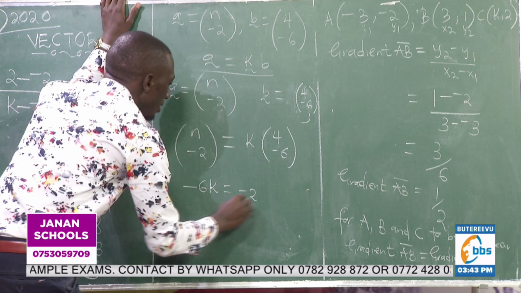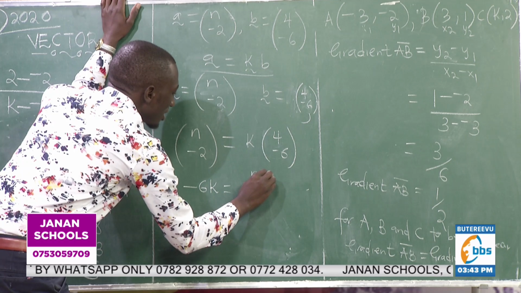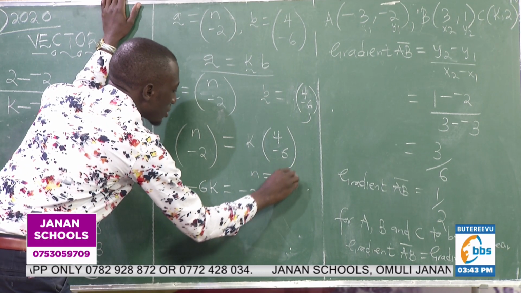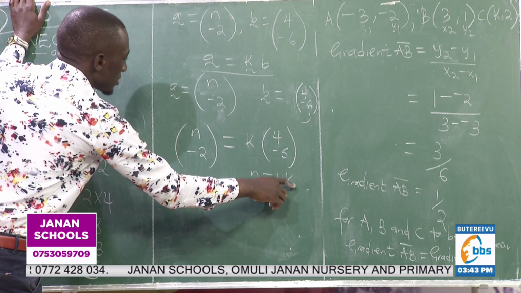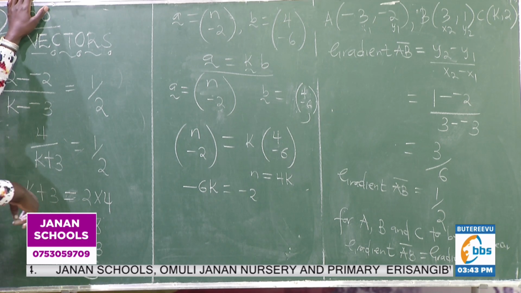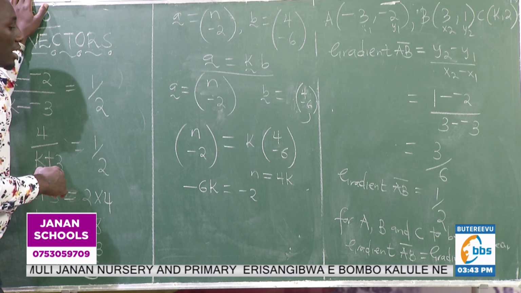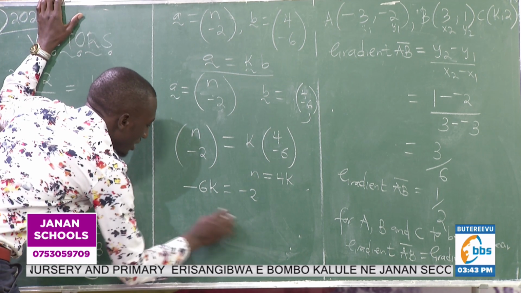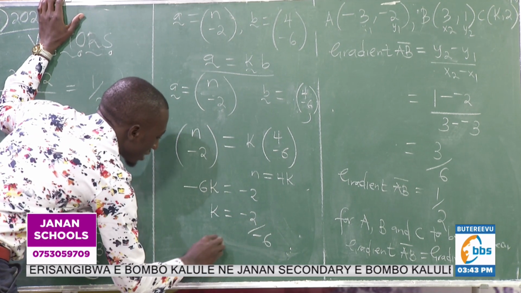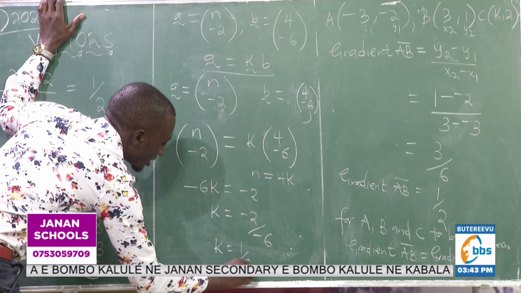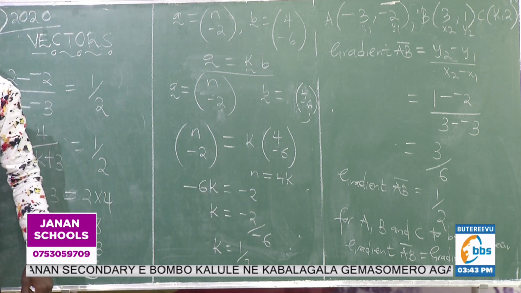And 4 times k, because this k has to multiply everything inside, so n will be equal to 4k, because we looked at the equality of these vectors. So when I have these two equations, I can get the value of k. After getting k, I can put k here and get the value of n. Looking at this, my k is negative 2 divided by negative 6, so I get my k as a third. After getting k as a third, I put it here and get my n.